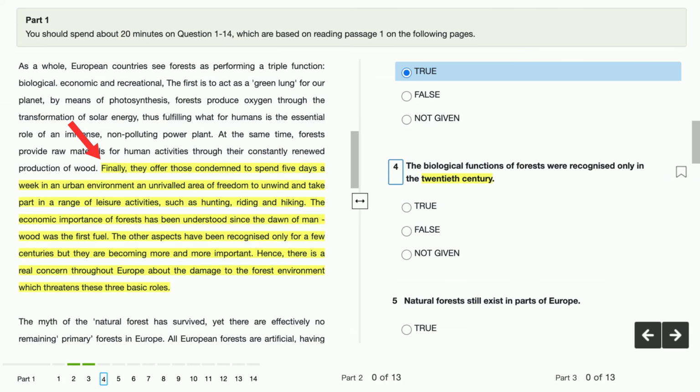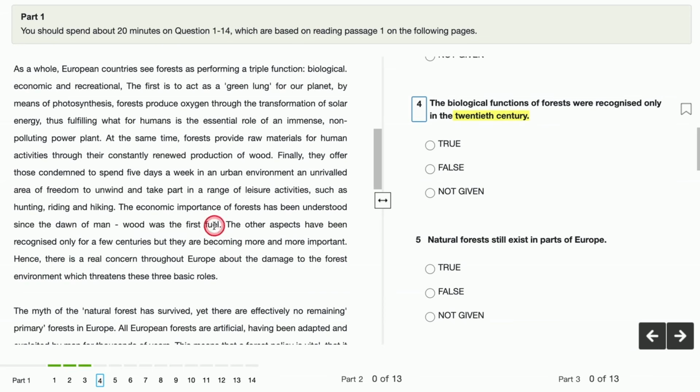The economic importance of forests has been understood since the dawn of man. Wood was the first fuel. The other aspects have been recognized only for a few centuries, but they are becoming more and more important. Hence, there is a real concern throughout Europe about the damage to the forest environment, which threatens these three basic roles. It doesn't mention 20th century, does it?